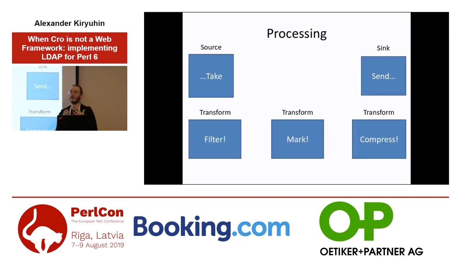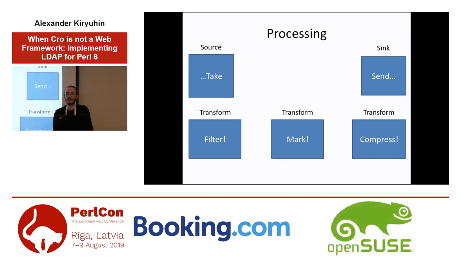So what we actually did here is that we have some source of our events. It is reactive, it is asynchronous, we don't know when something may come, and then we do some transformation. We can filter and then mark and then compress, and then with our data we just send it, or we can store it on our disk or something like that.